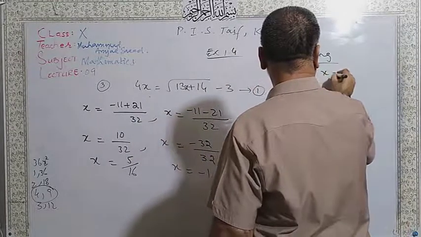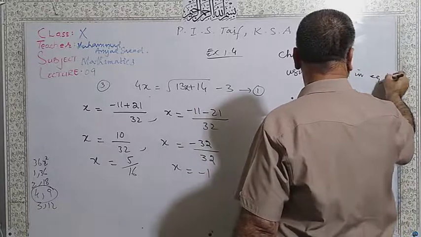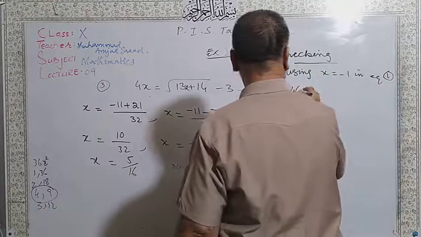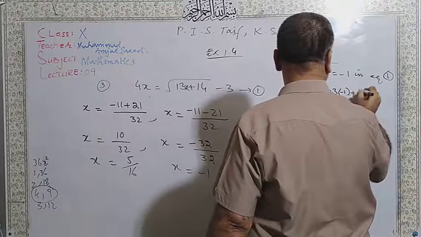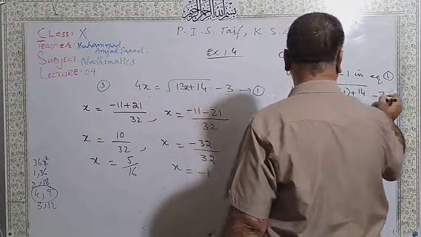Using x is equal to minus 1 in equation number 1: 4 into minus 1 is equal to the square root of 13 into minus 1 plus 14, minus 3.